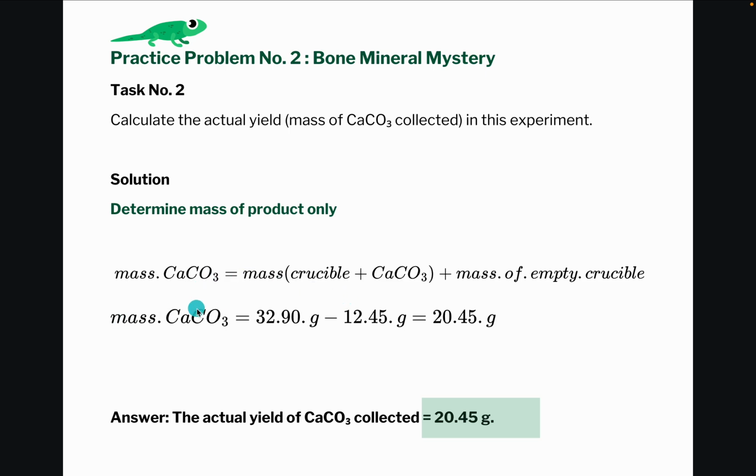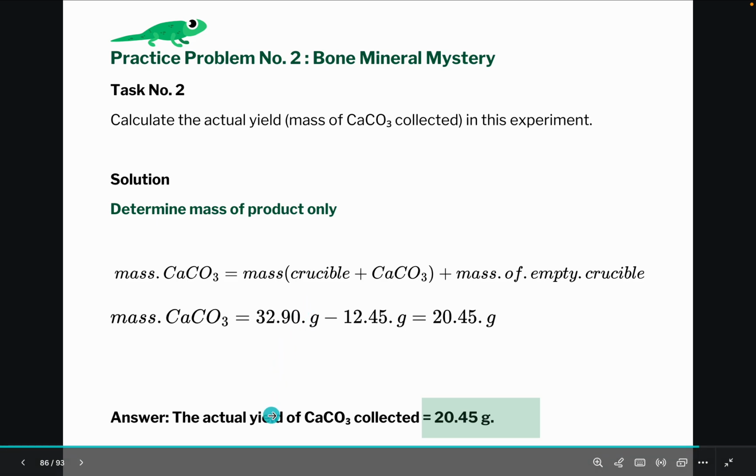Substituting the given values, we have 32.90 grams minus 12.45 grams for our empty crucible, which gives 20.45 grams. If we had a different method, we would probably need to get the mass of the sample, but in this case, since it's a direct method of subjecting it to carbon dioxide gas, we can use this formula instead. So our actual yield of calcium carbonate collected is 20.45 grams.